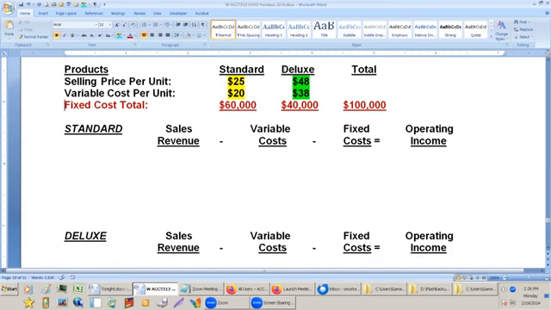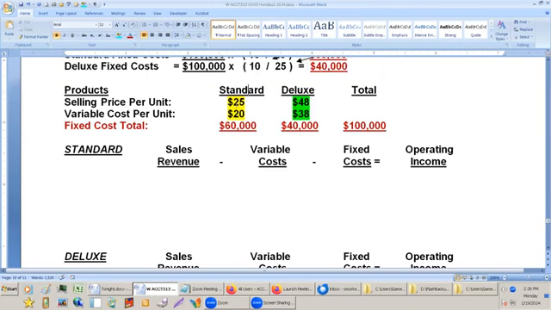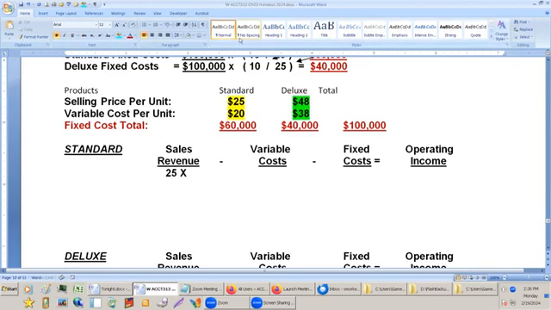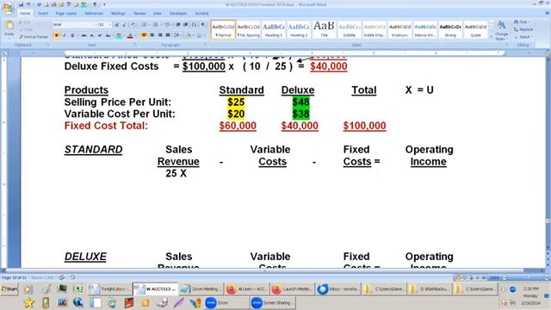Okay, so now we can do the break even for each one of these. We'll do the standard first. Standard is 25x. And I'm going to put a little note here: that x equals units.